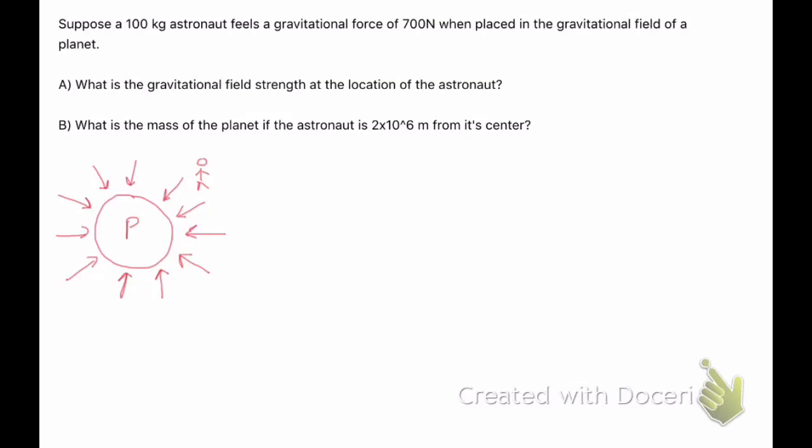So what exactly is the gravitational field strength? Gravitational field strength. It's the acceleration due to that force. So let's rewrite this as the acceleration due to the gravitational force.